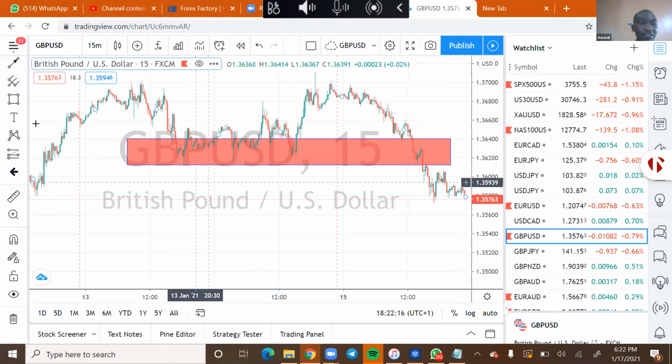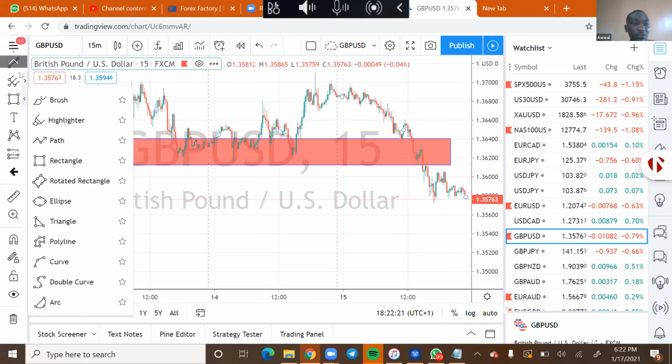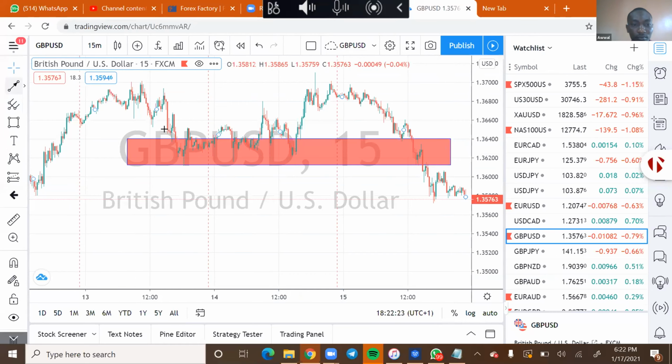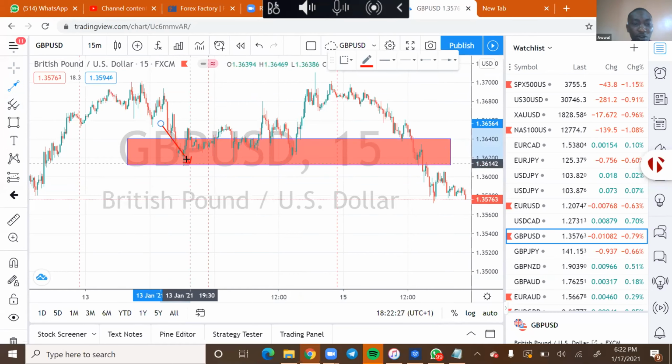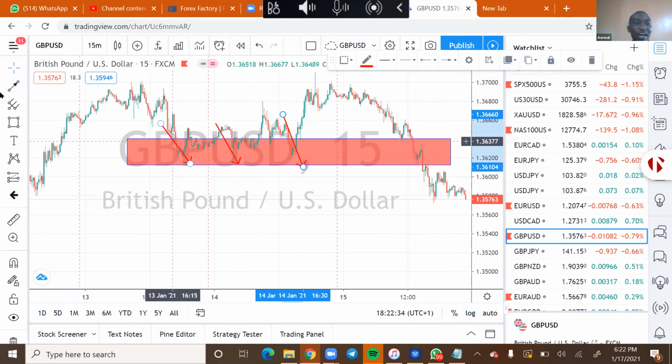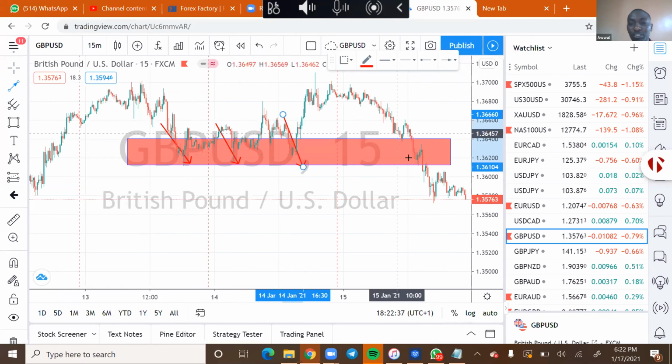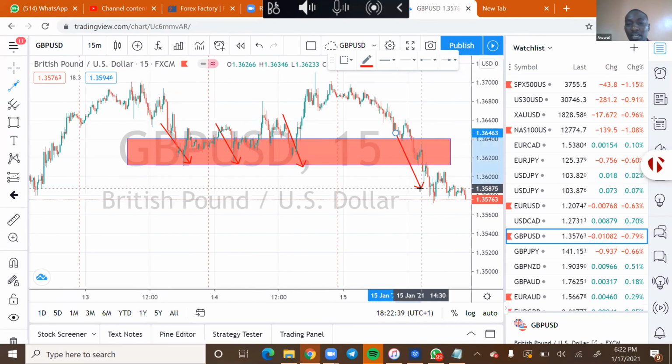This area was serving as a support before. I'm going to show you that. Price found it difficult to break. But at a point in time, price was able to break this area to the downward side.